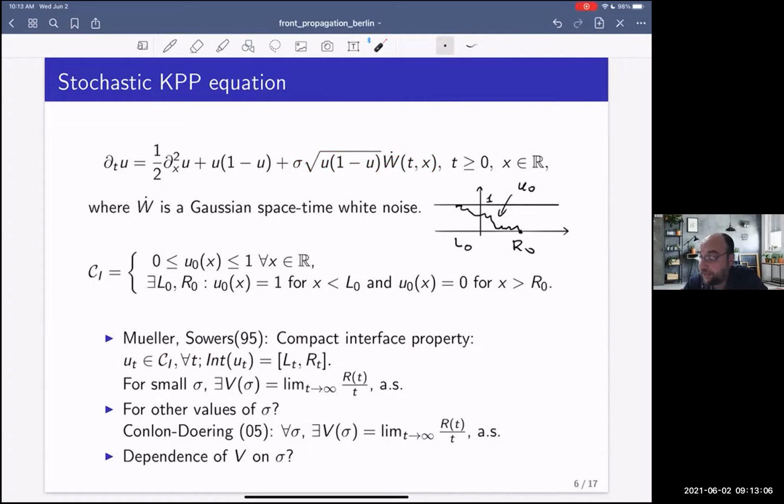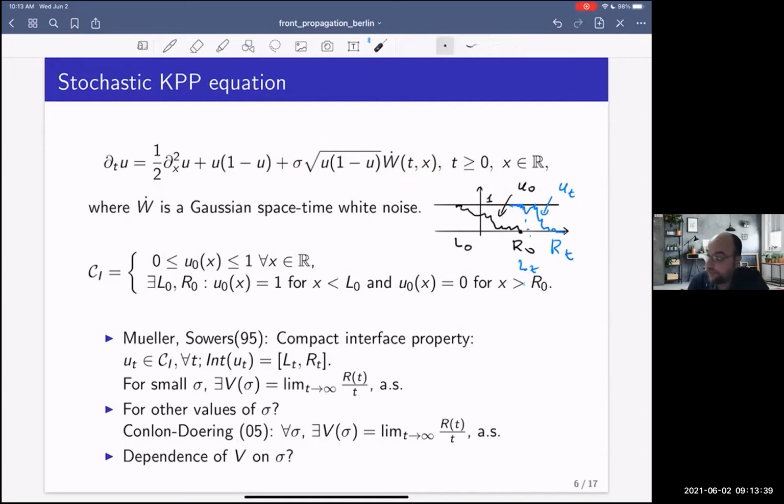We again have the compact interface property of the solution. So if the solution propagates, then by time t you again see something like this. You will have some point like R_t here. Sorry, L_t, which is the left edge of the interface, and R_t, which is the right edge of the interface.